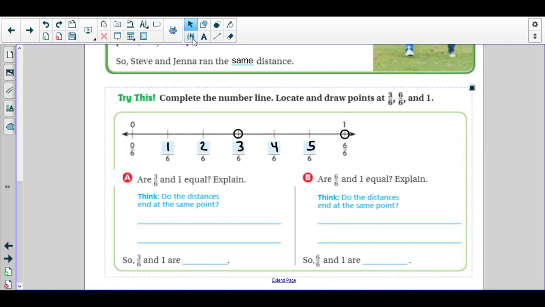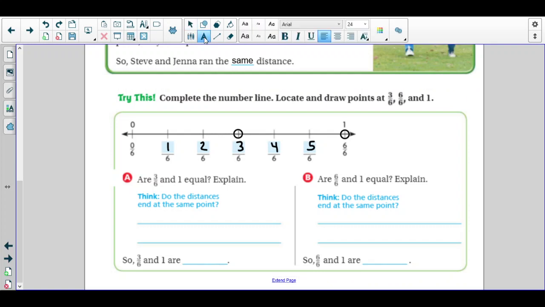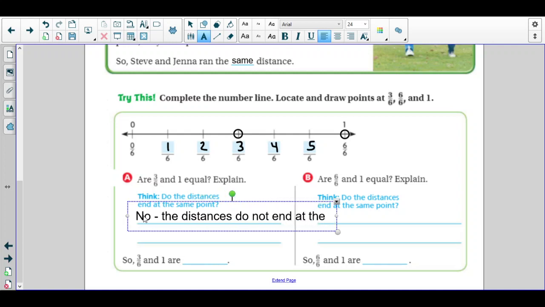So the question, are 3/6 and 1 equal? Explain. Okay. No. The distances do not end at the same point.